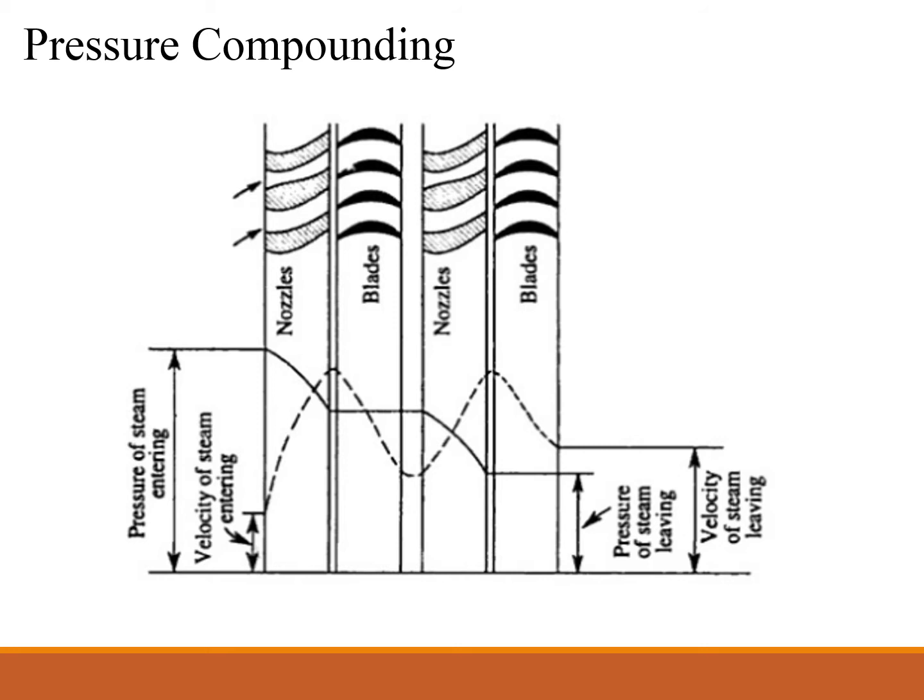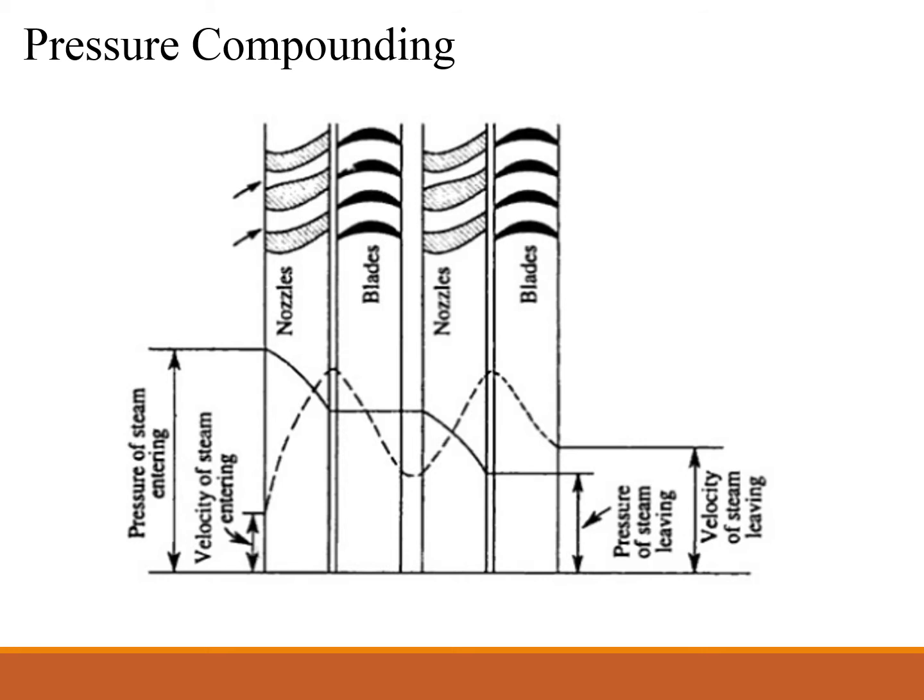The figure shows a two-stage simple impulse pressure compounded turbine. Complete expansion of steam takes place in the fixed nozzle, the space between any two diaphragms being filled with steam at constant pressure.